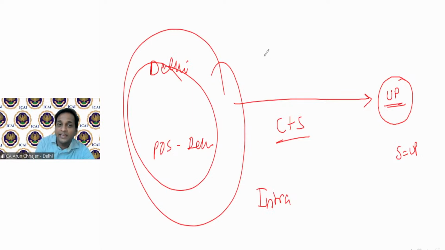Therefore, I can say it is an intrastate supply wherein the invoice has been raised to another state, so that other state cannot deduct CGST plus SGST of my supplier's state. So that is the reason they have given that in this case, the TDS will not be applicable. So fine.